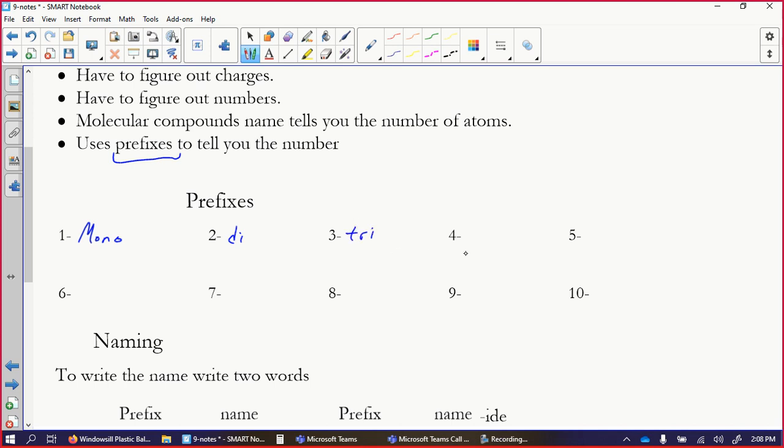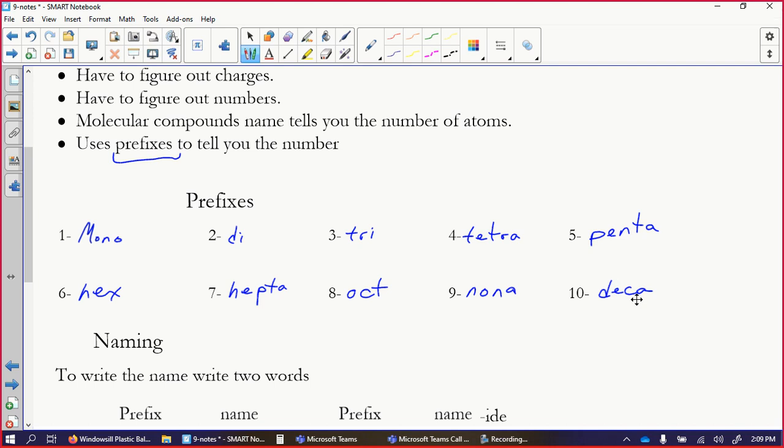A tricycle has 3 sides. A tetrahedron has 4 faces. Then we get into a pentagon, a hexagon, a heptagon, an octagon. And it's the same idea. Nona and deca.